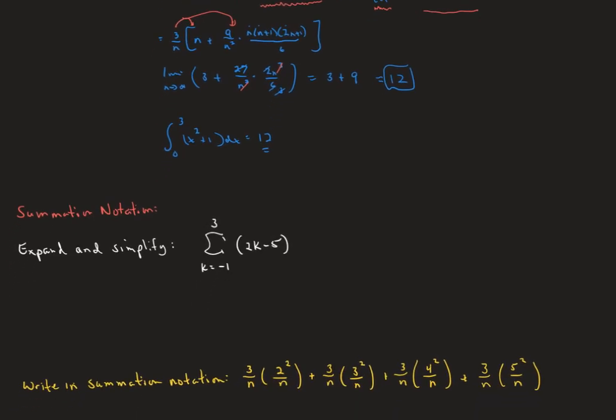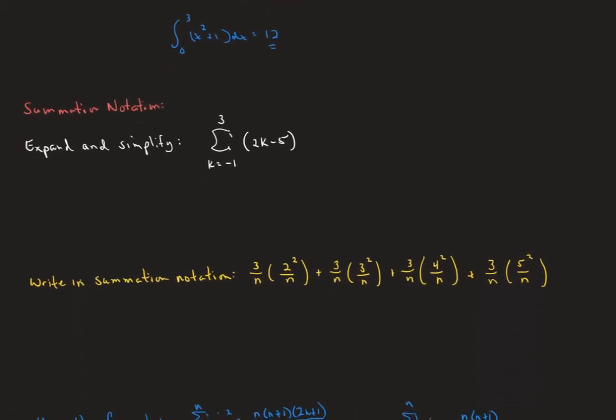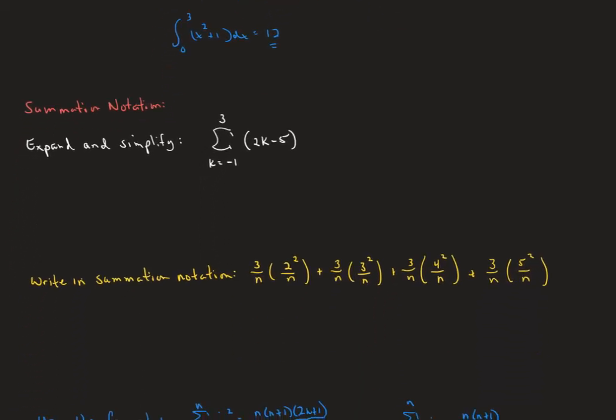Well, let's see if we can learn a little bit about this summation notation and how it works. So if we're going to expand this and then simplify it, the way this works is whatever we call this, it can be i, j, k, n, it doesn't really matter. And this is going to tell us the very first value to plug in. So when we do that, we'll get 2 times negative 1 minus 5.